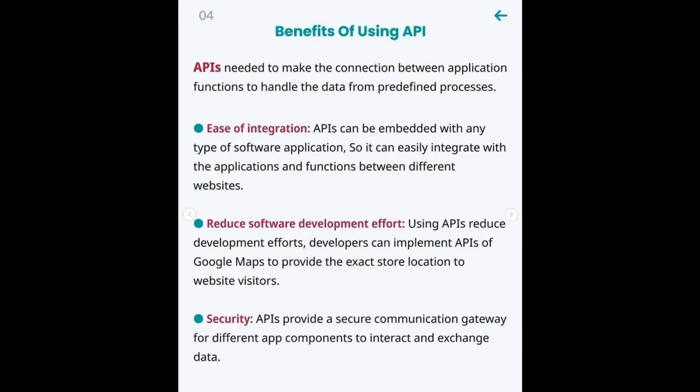The second point is reduced software development effort. Using APIs reduces development efforts. A developer can implement the APIs of Google Maps to provide the exact store location to website visitors. The third point is security. APIs provide a secure communication gateway for different app components to interact and exchange data.